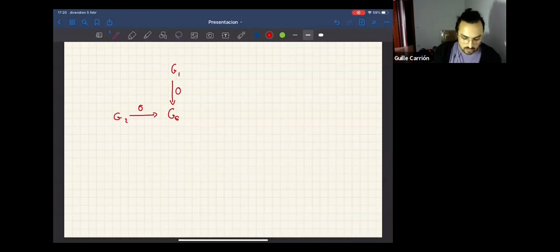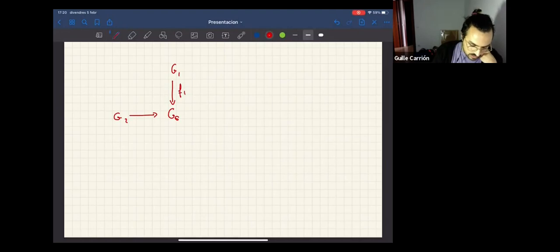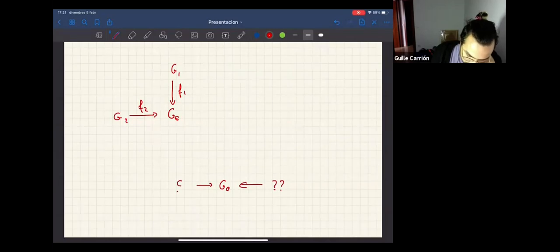We put here two maps, F1 and F2, and we want to replace this functor.